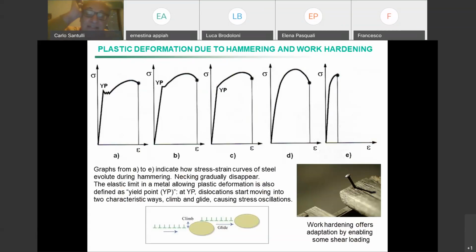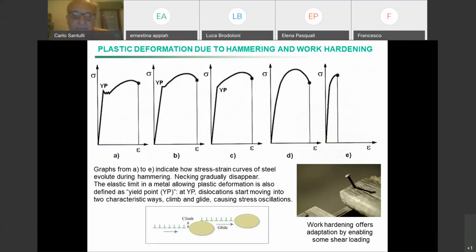So in practice, the activation of dislocation takes the form of two kinds of movements. The movement of climb, where a row of cations tends to climb over the defect, or the other one tends to glide on another one.